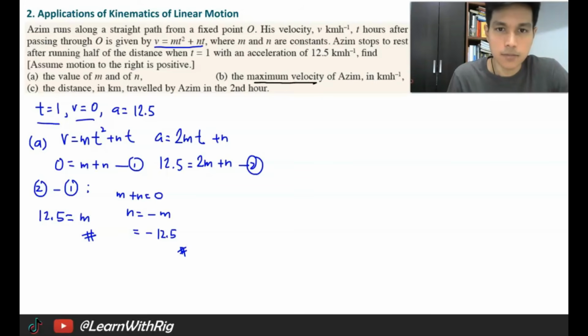So again, same thing. Maximum velocity means your acceleration equals 0. So you already found your acceleration function. By the way, let us rewrite.